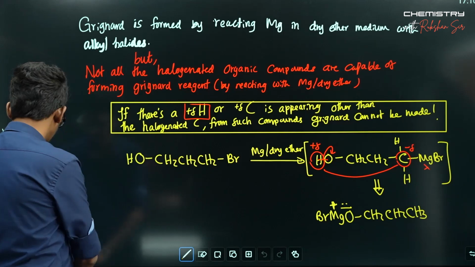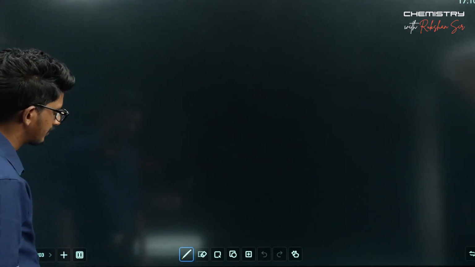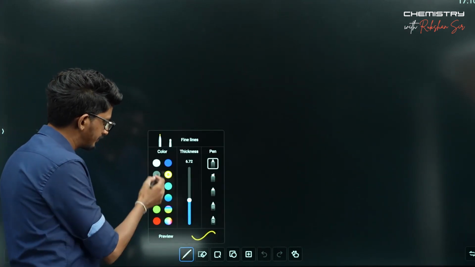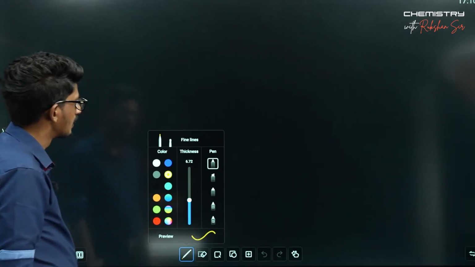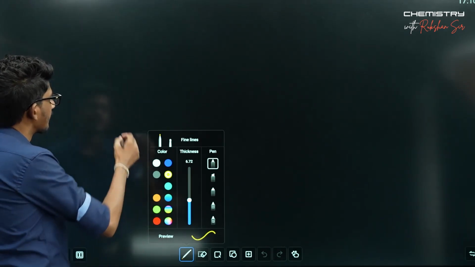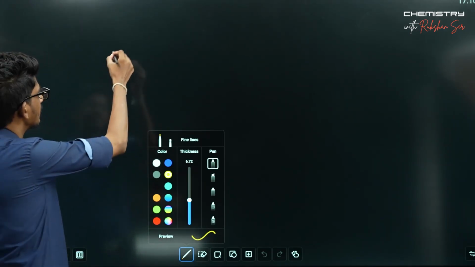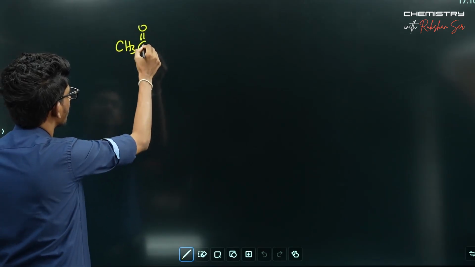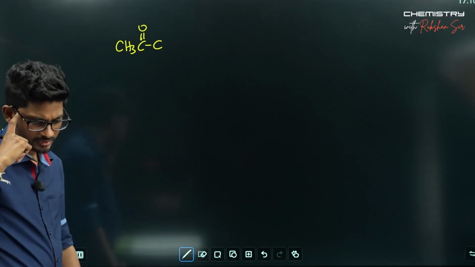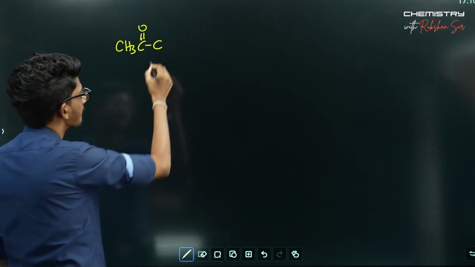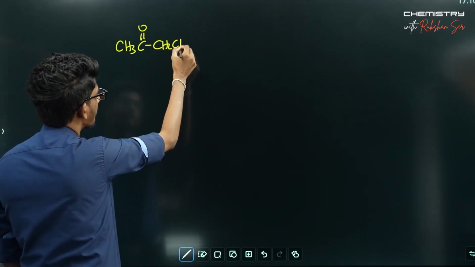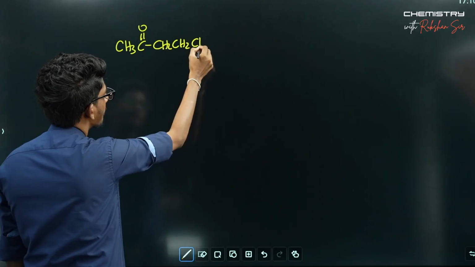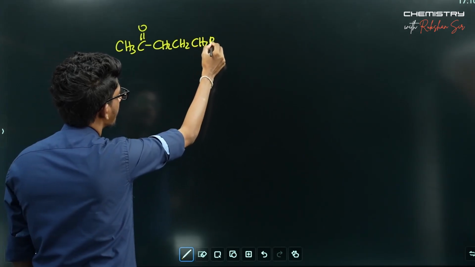Let's copy this one, another example for the same idea. The second thing given in your tute is this kind of compound.